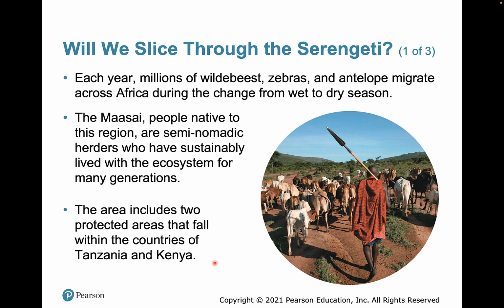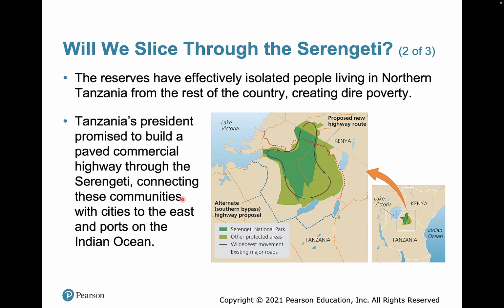And there's a group of people that follow the weather patterns. They're semi-nomadic, so they don't really settle in anywhere. And this Serengeti is between Kenya and Tanzania. So Kenya's to the north, and this is Tanzania.